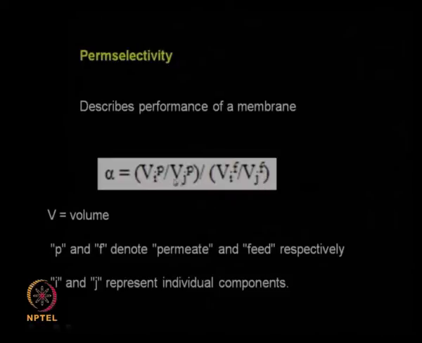So I and J represent individual species or components, P represents the permeate and F represents the feed. Okay. So alpha, that is the permselectivity, is a function of the permeate to the feed, okay, of the volume actually.